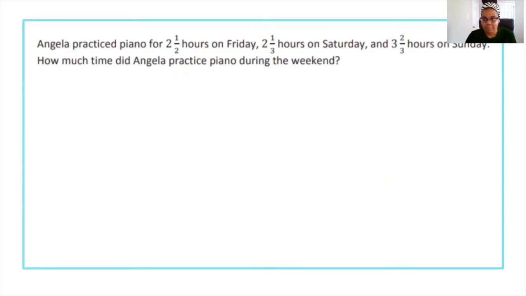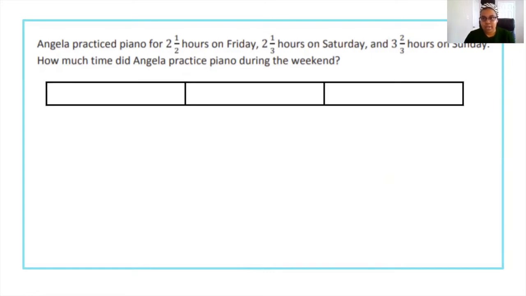So for this problem, on your paper or on your dry erase board, I want you to make a tape diagram, and I want you to divide it up into 3 sections. We're going to divide it up into 3 sections because we're representing time here for 3 days, Friday, Saturday, and then Sunday.